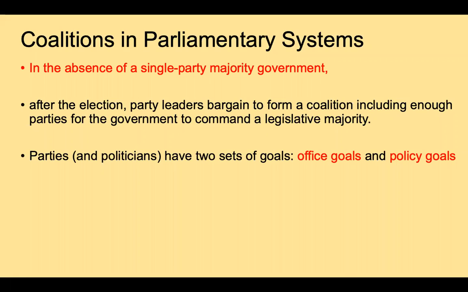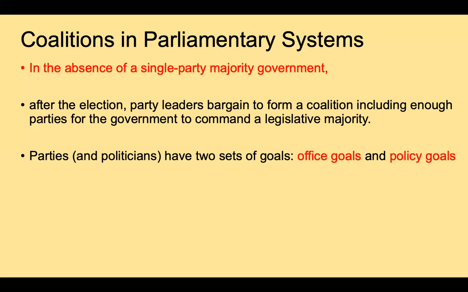When they're engaging in this horse trading, parties and politicians and parliamentary systems have two goals that they consider. They have office goals, which relate to, of course, their political power and the control over their political destiny that they have. And they also have policy goals that relate to their substantive priorities, what they want to accomplish. You know, do they prioritize environmental protection?